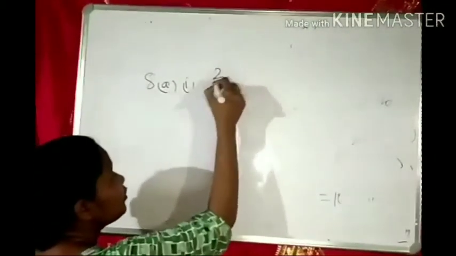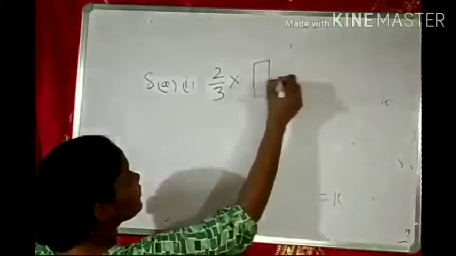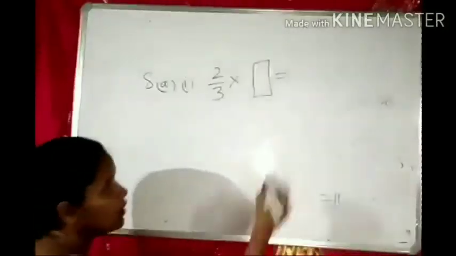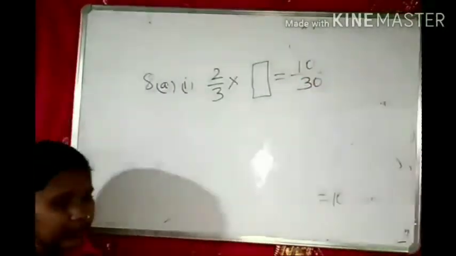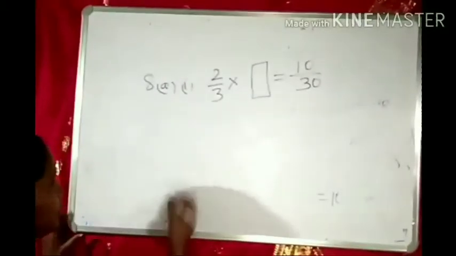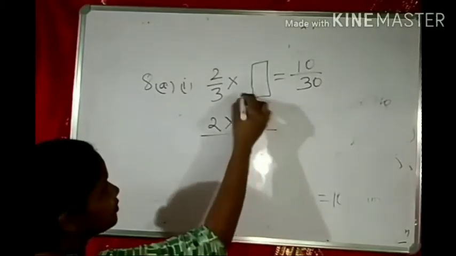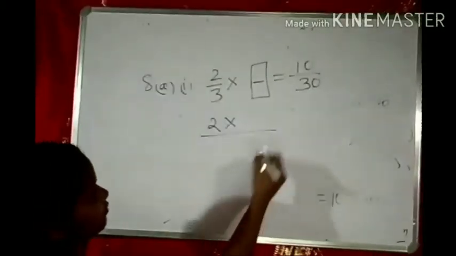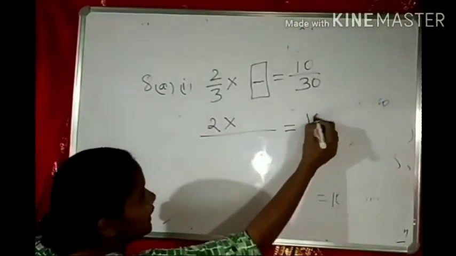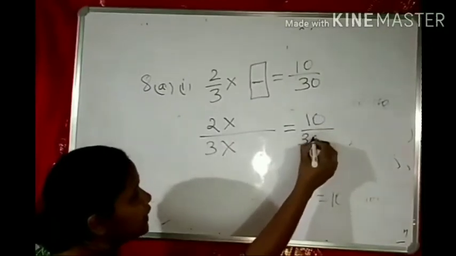8A1. So what is given? 2 by 3 into box equal to how much? 10 by 30. This much is given. So here one fraction will be multiplied. So 2 into something is multiplied, that will get 10, and 3 into some number is multiplied, that will get your denominator.